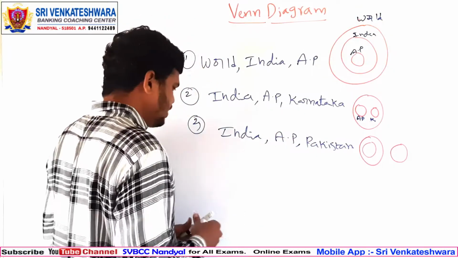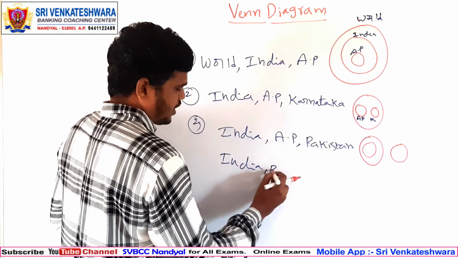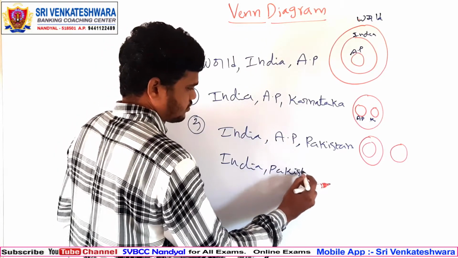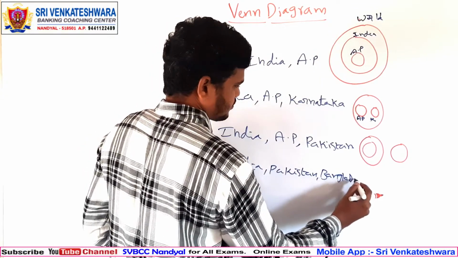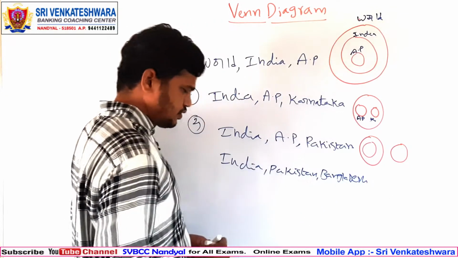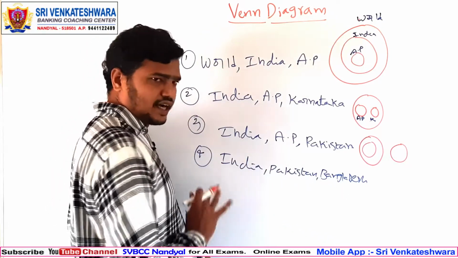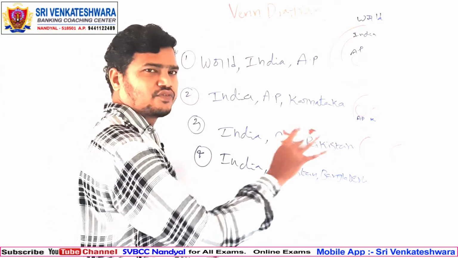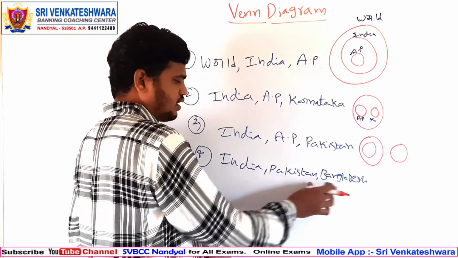Next, India, Pakistan, Bangladesh. Here all are countries, but all are different countries, meaning one is not linked with another.